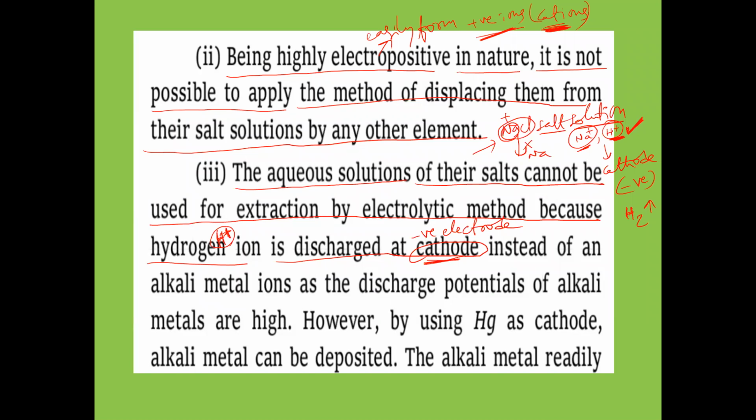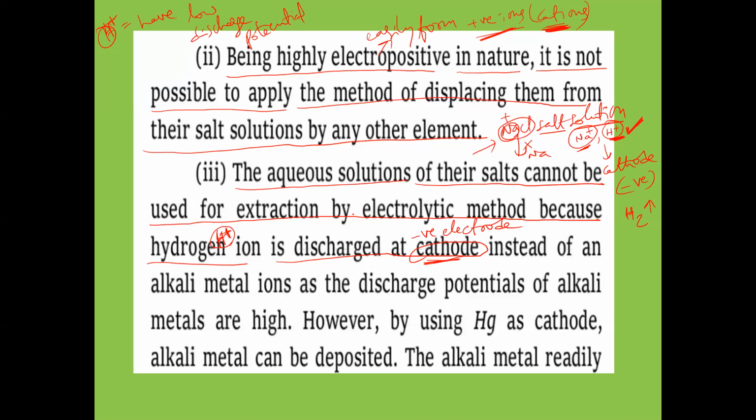H plus ions have low discharge potential, very low discharge potential. As they have low discharge potential, H plus ions will be discharged first, before Na plus. So that's what they said here.